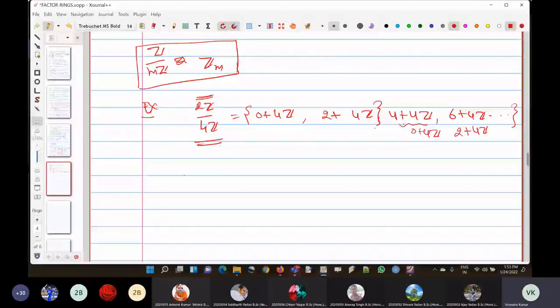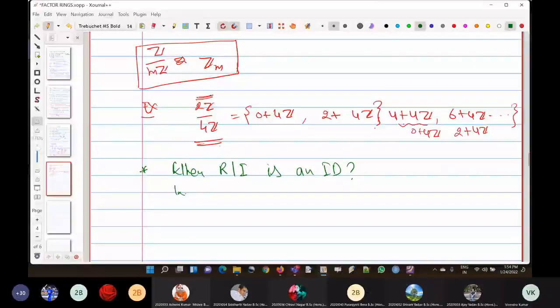Of course, we have taken some examples here, but now I will conclude the lecture today by putting certain questions. Some questions are: when is R by I, this quotient ring or factor ring, an integral domain?